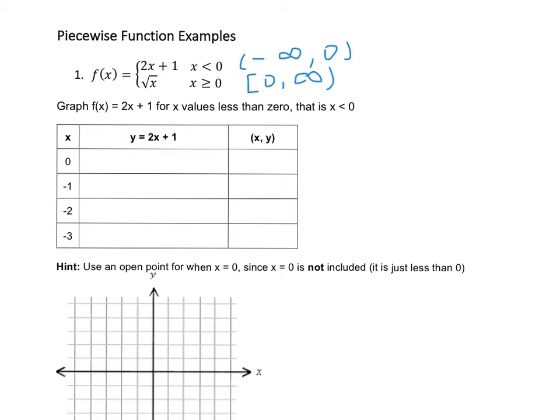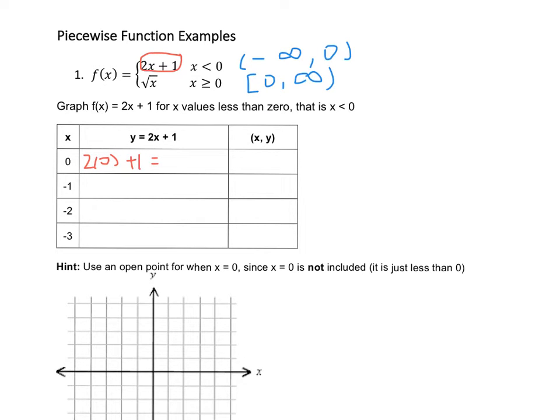Okay, so let's just start with that first piece. We're just going to look at the 2x plus 1, and we only want values of x that are less than 0. So I have listed 3 or 4 x values that we can plug in. If we plug in x equal to 0, we'll get 2 times 0 plus 1.